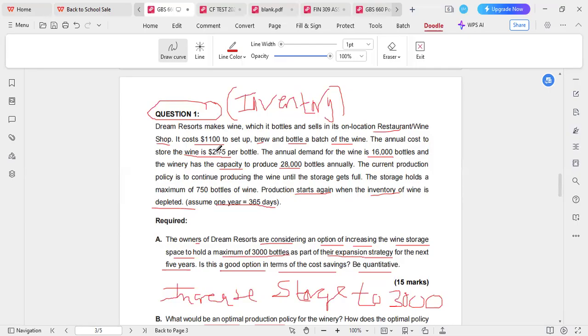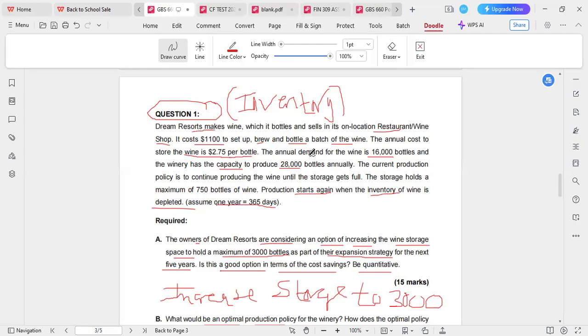So for the sake of this question one, it says Dream Resorts makes wine. They are producing, brewing and bottling, and selling in their own location, the restaurant and wine shop. It costs 1,100 to set up, then brew and bottle a batch of the wine. The annual cost to store the wine is 2.75 per bottle.